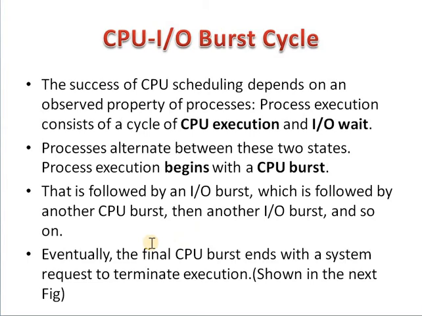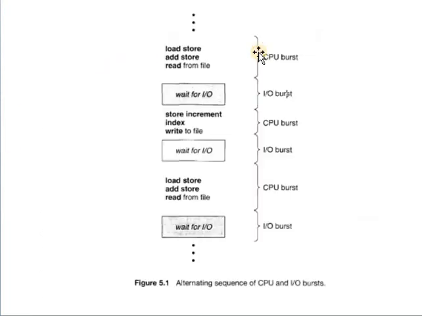And the final CPU burst ends with a system request to terminate execution. Whenever a system requests to terminate its execution, the final CPU burst ends. This is the CPU and I/O burst cycle.